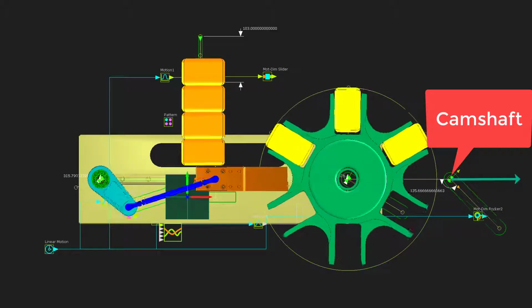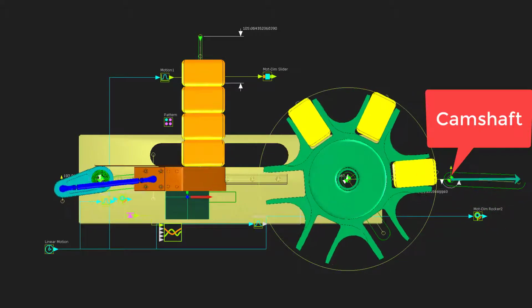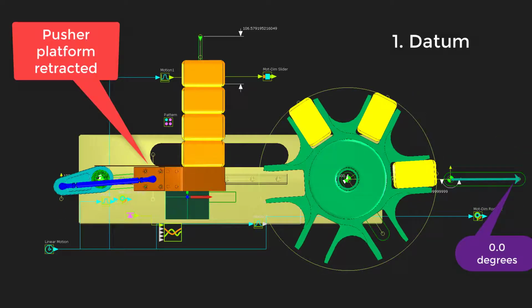So we can list the kinematic constraints as 1. The datum. The pusher stack support plate clears the stack, so it starts falling. We set this arbitrarily at 0 degrees.